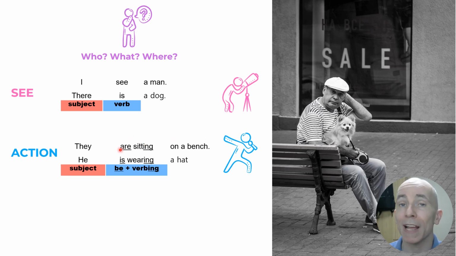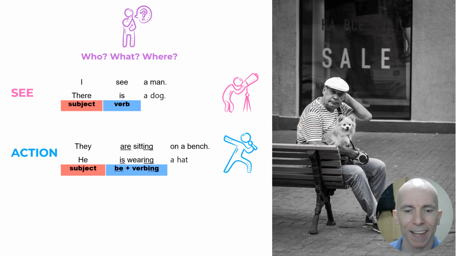We want to use the present continuous, be verb, verb, ing. They are sitting on the bench. He is scratching his head. The dog is smiling. The man is looking at the camera. Always use this type of grammar, present continuous, for pictures.